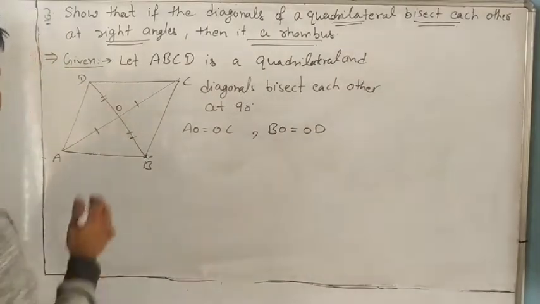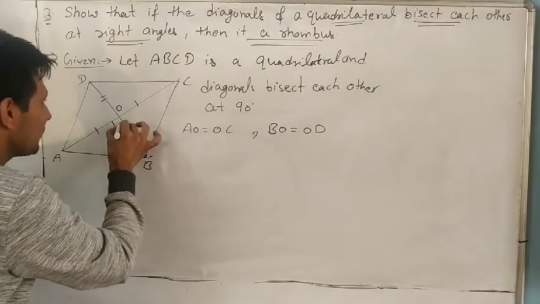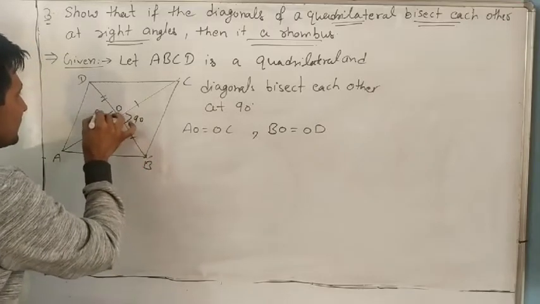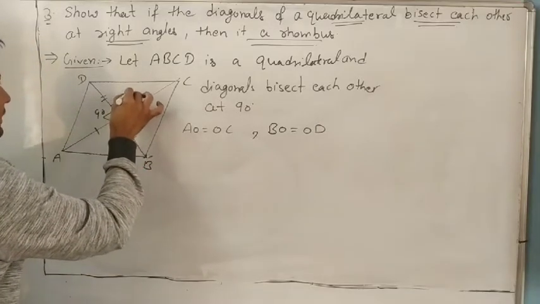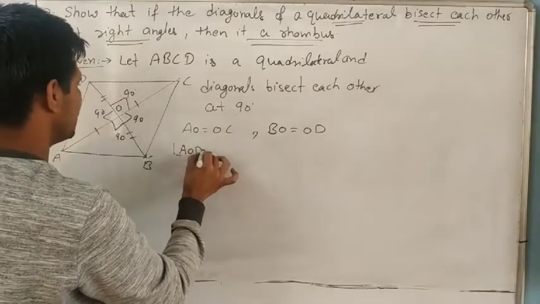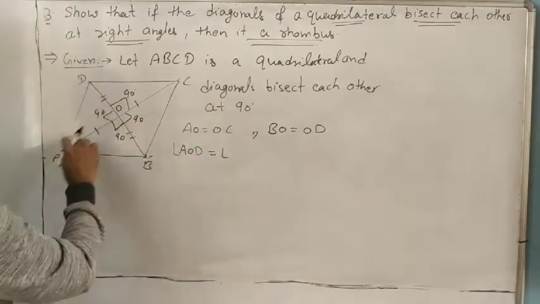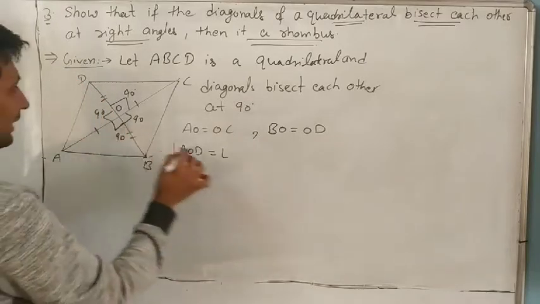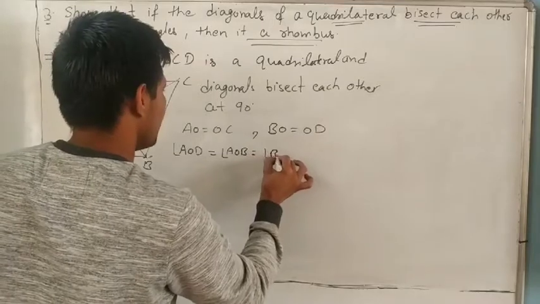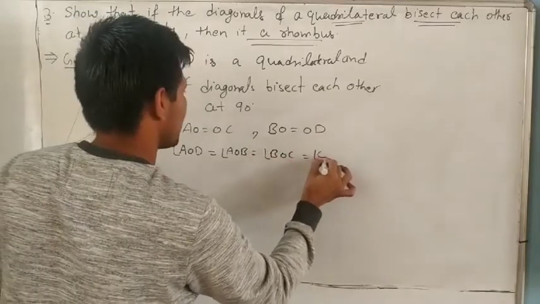And the diagonals bisect where? At 90 degrees. Each angle is 90 degrees. So angle AOD equals angle AOB equals angle BOC equals angle COD.